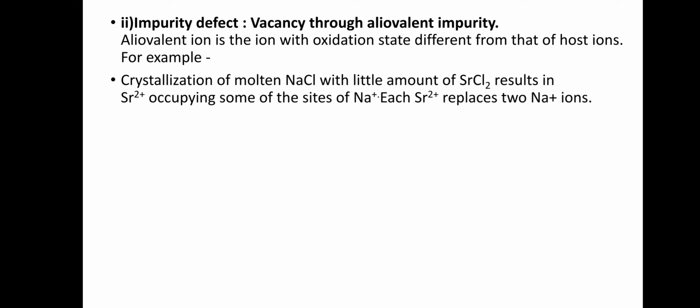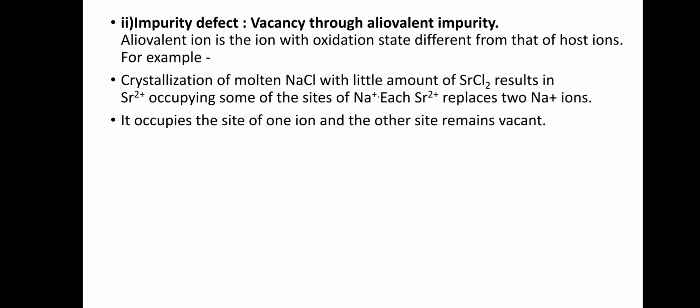For example, in the crystallization of NaCl, a little amount of SrCl2 results in Sr2+ being there in the sites. Na has a +1 oxidation state and Sr has a +2 oxidation state, and since it is +2, it will replace 2 Na+ ions.